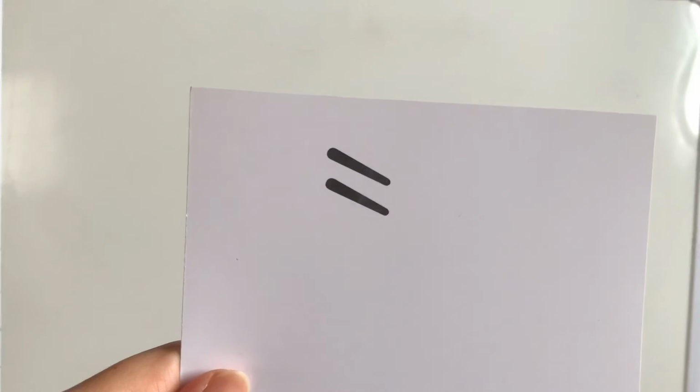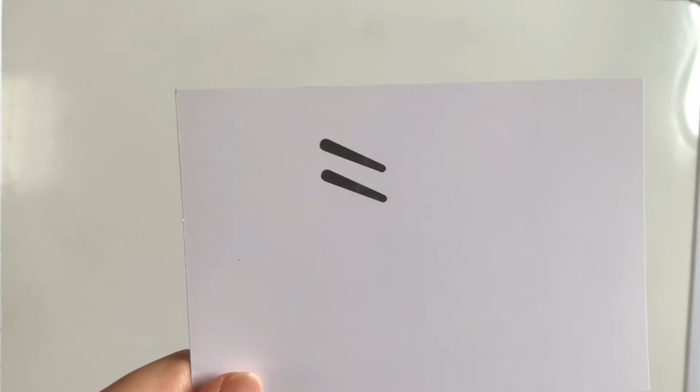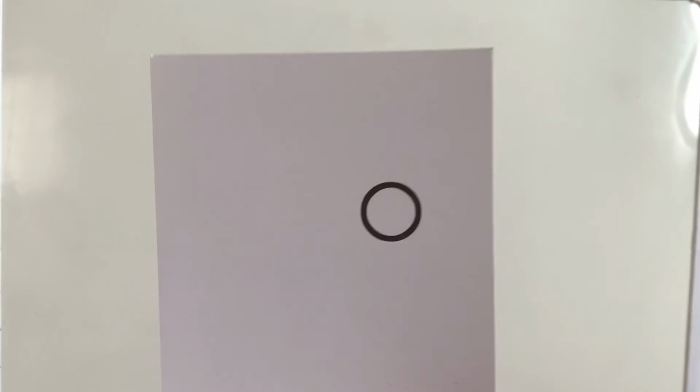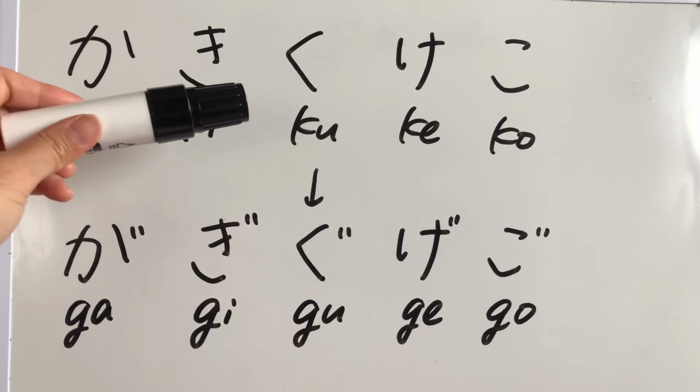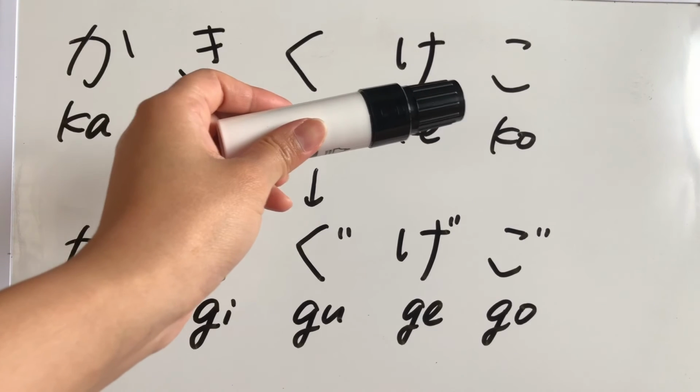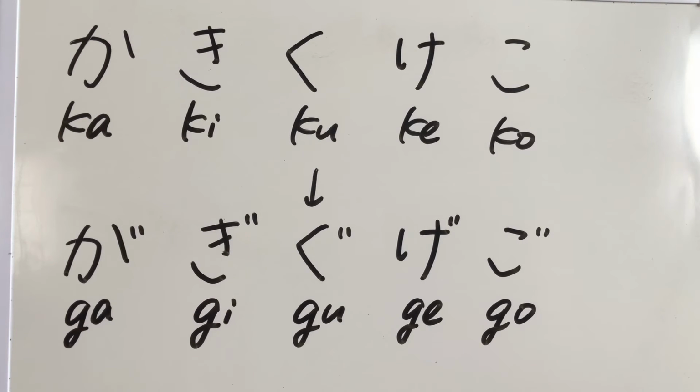And with these dashes, it's not as simple as this small circle, because we actually have more letters with these dashes. The first 5 are like this. We have ka, ki, ku, ke, ko with K sound.